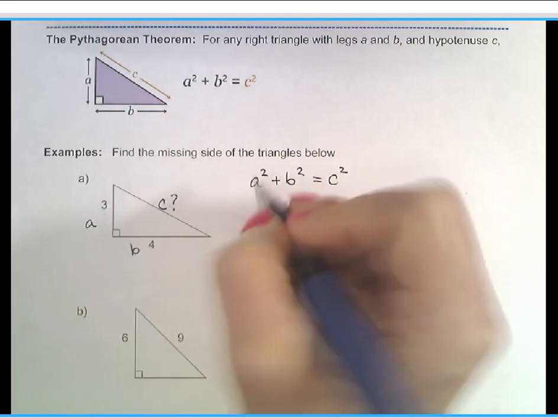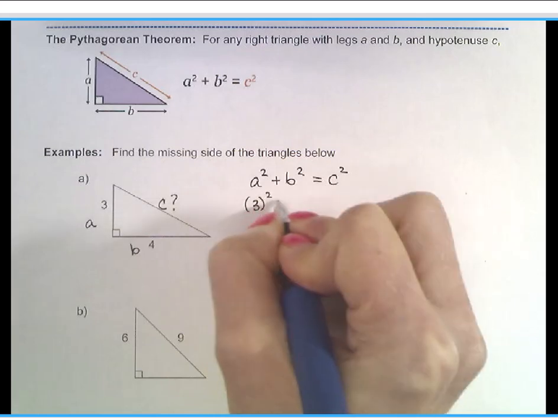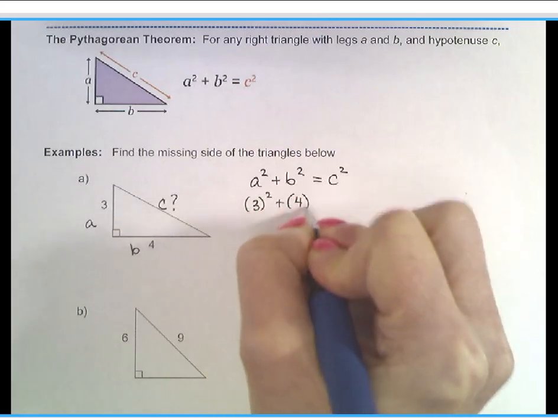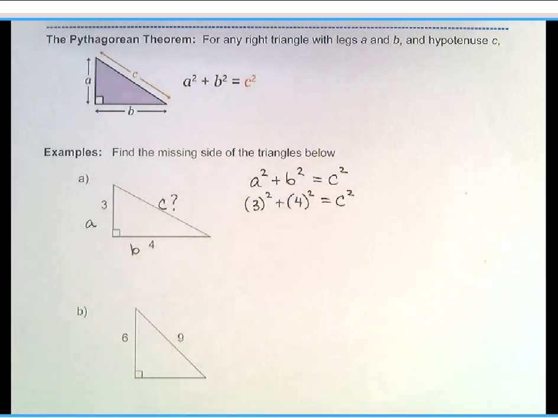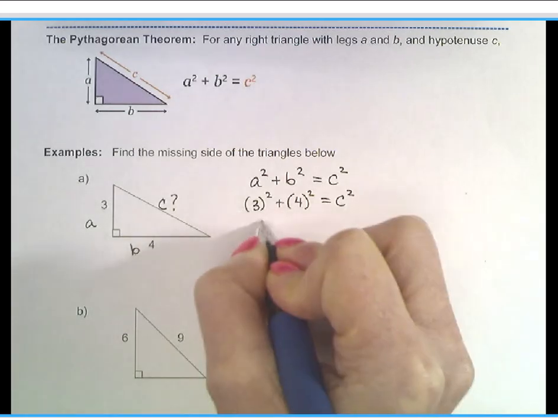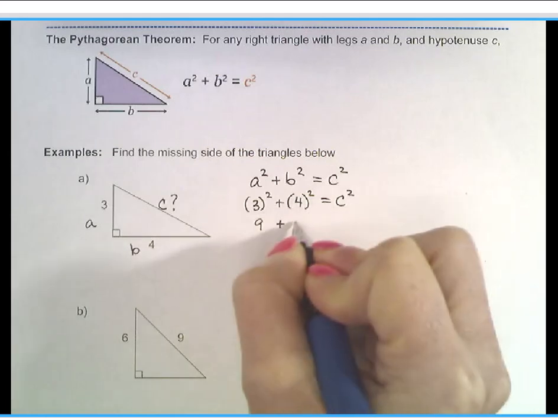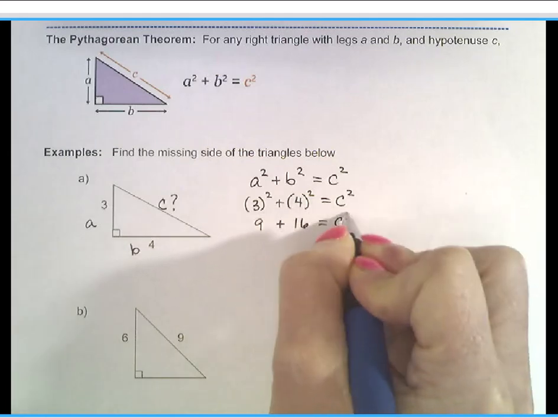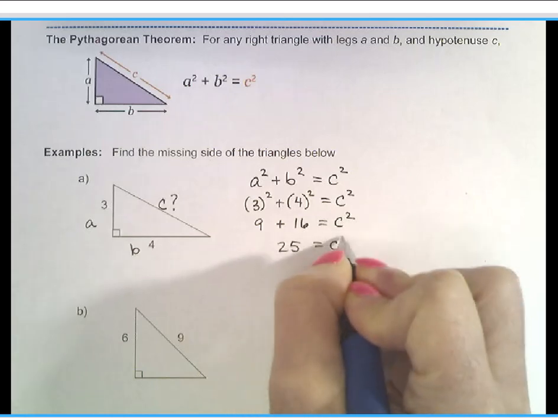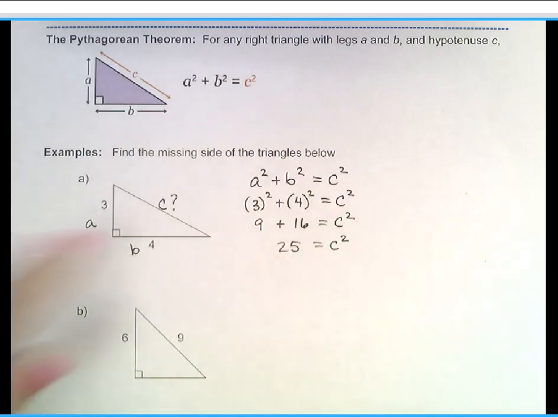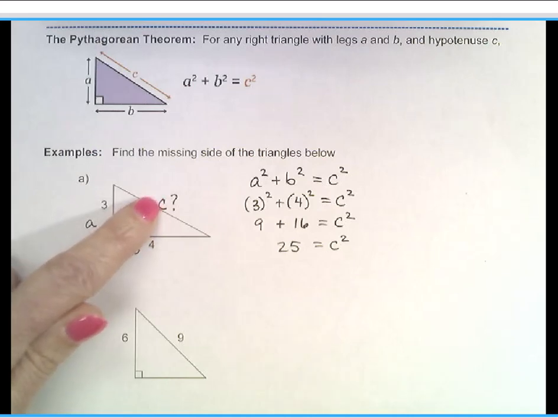So A is 3, B is 4, and I'm going to try to figure out what C squared is. So 3 squared is 9. 4 squared is 16, and 9 plus 16 is 25. So that's C squared, but I don't want C squared, I want C.